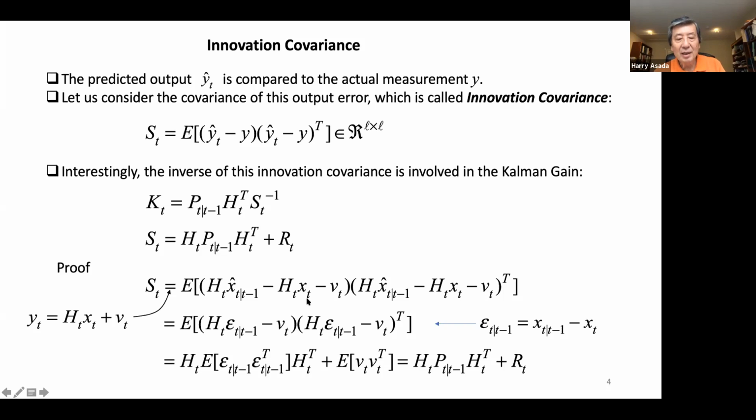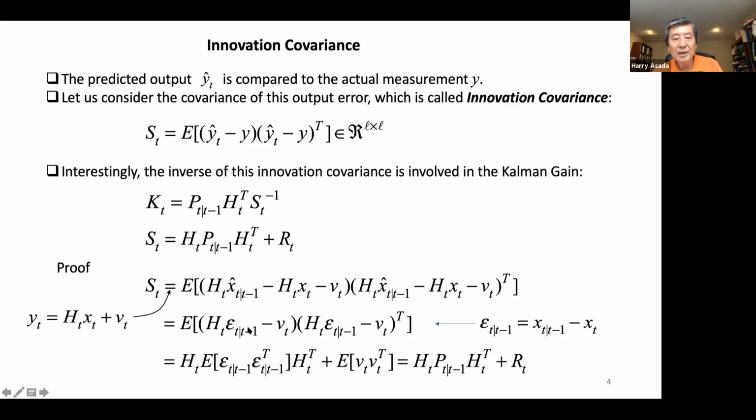Here, factoring out the Ht, we can find the difference between the a priori state x hat t given t minus 1 minus xt, which by definition is the a priori error variable, epsilon t given t minus 1.